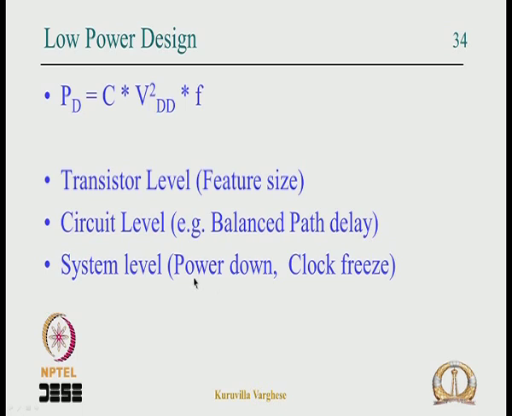So it is possible to power down the peripherals or the modules which are not working, or you can freeze the clock of some registers or memory so that it reduces the power dissipation, or you can reduce the clock frequency of the unused blocks so that the power can be brought down.